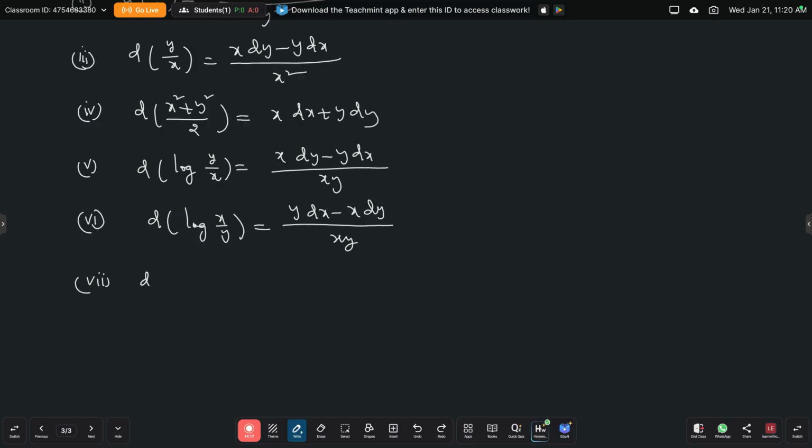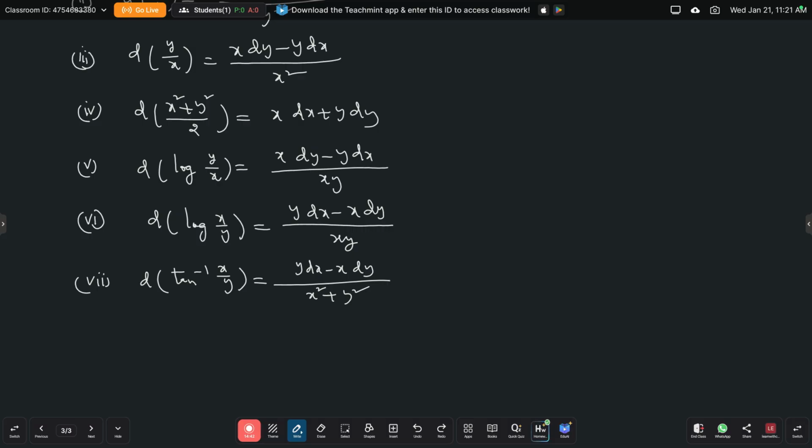Next, let us see one more example. d of tan inverse x by y. So what is our answer? Tan inverse x derivative, we all know 1 by 1 plus x square. In the same manner, when we calculate this, this is y dx minus x dy, because again the u by v rule is applied over here, by x square plus y square.